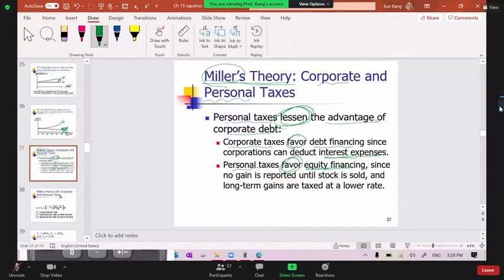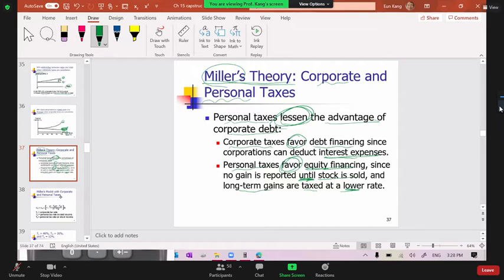Capital gains are not taxed until stock is sold. So you can postpone tax as much as possible, right? And long-term gains are taxed generally at a lower rate. So personal taxes favor equity financing. Corporate taxes favor debt financing.